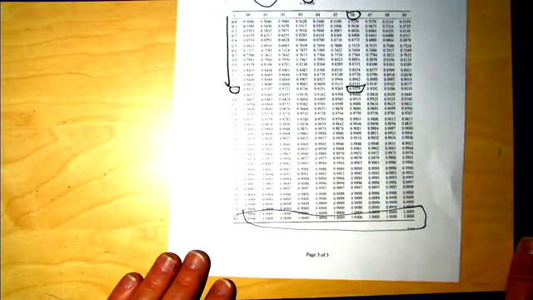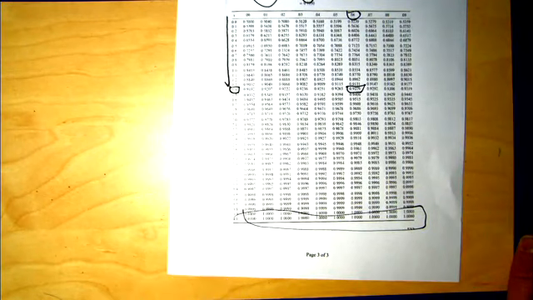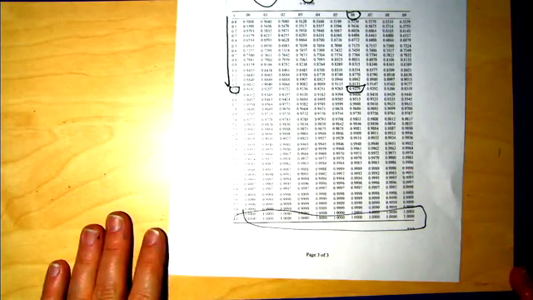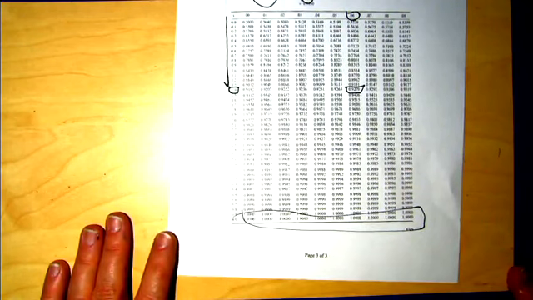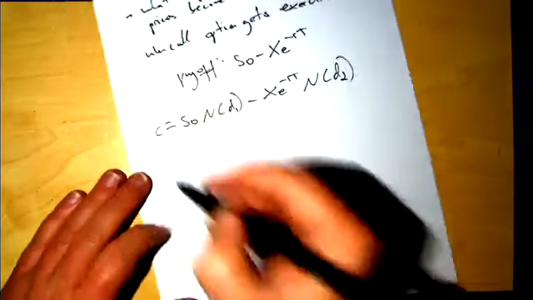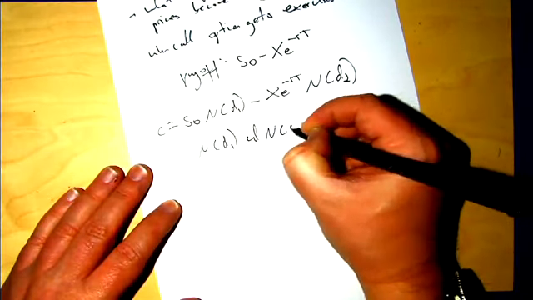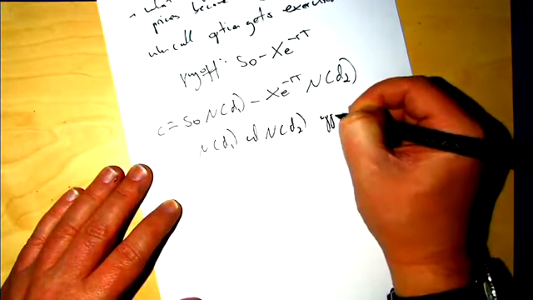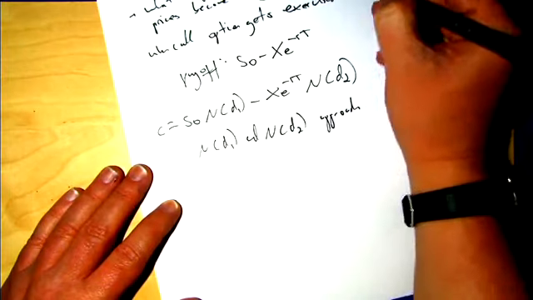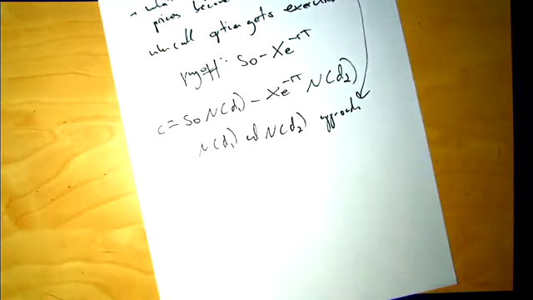So as stock prices get very, very high, N(d1) and N(d2) will approach 1, because my prices are becoming very, very large.